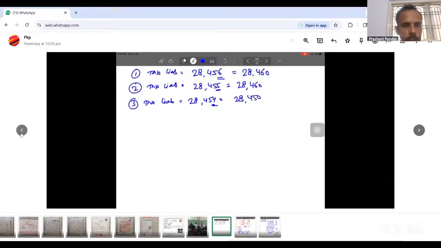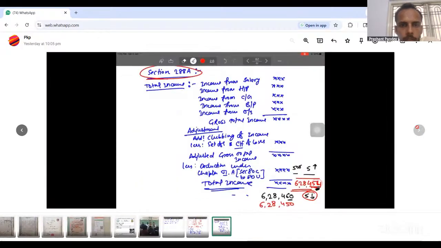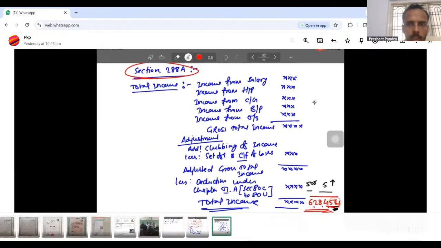Let me recollect everything that we have discussed. The first thing that we discussed was the computation of total income. From the total income, we do adjustments, clubbing of income, and set off and carry forward of losses. So we derive the adjusted gross total income, and from that we claim all the deductions, which are mentioned in sections 80C to 80U.